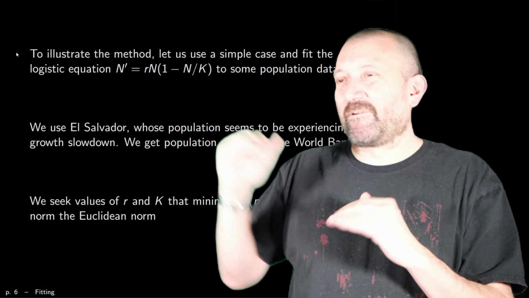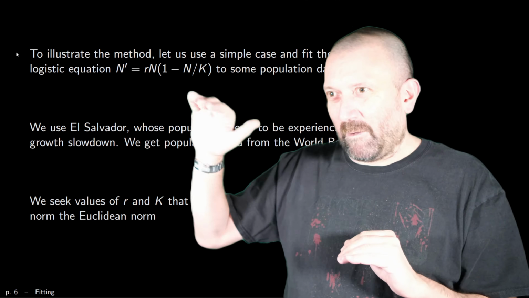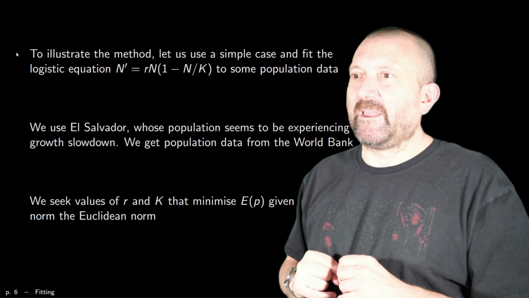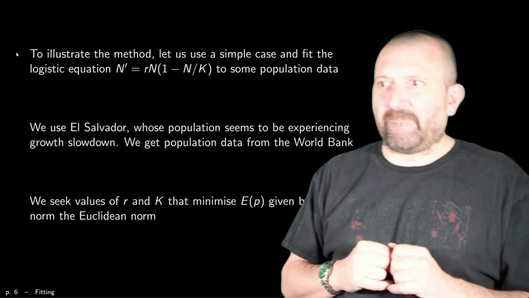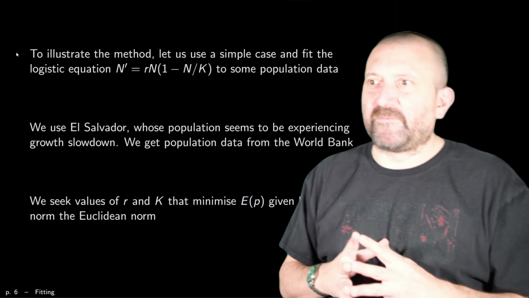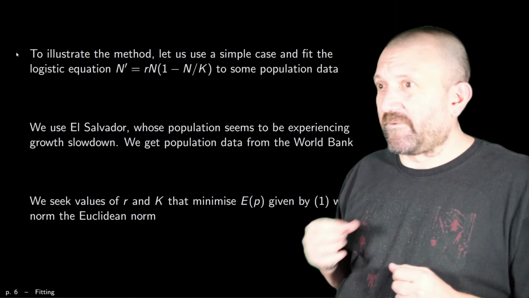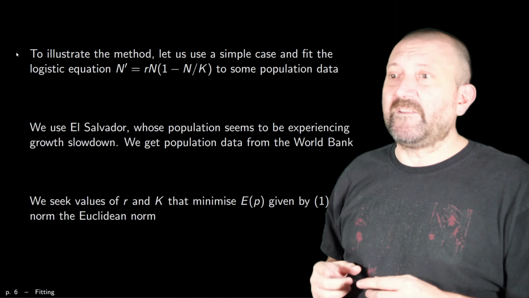So I was looking for a population that would be slowing down in terms of its growth. I'm going to get the value of the population of El Salvador through time from the World Bank, and I'm going to show you very briefly how to do that.